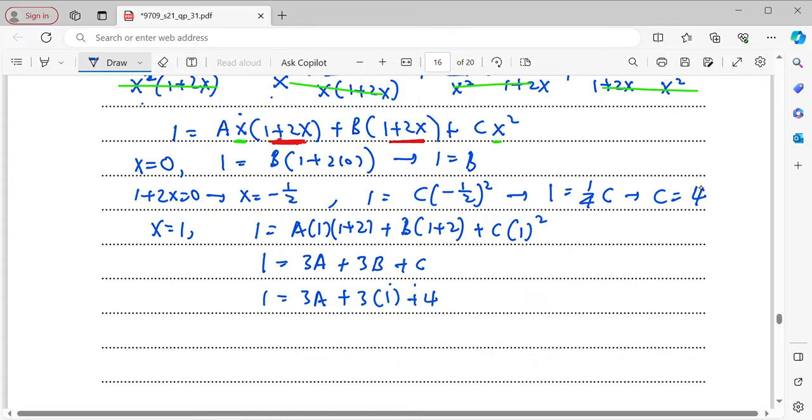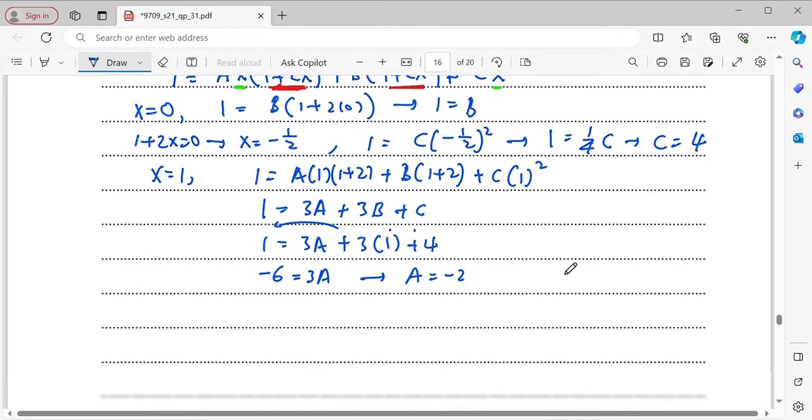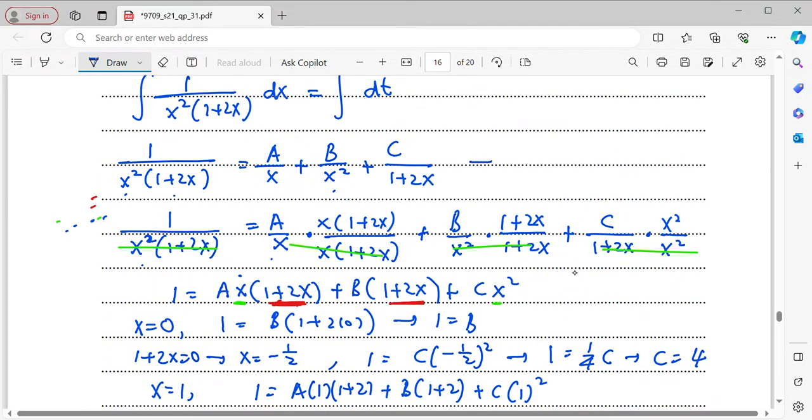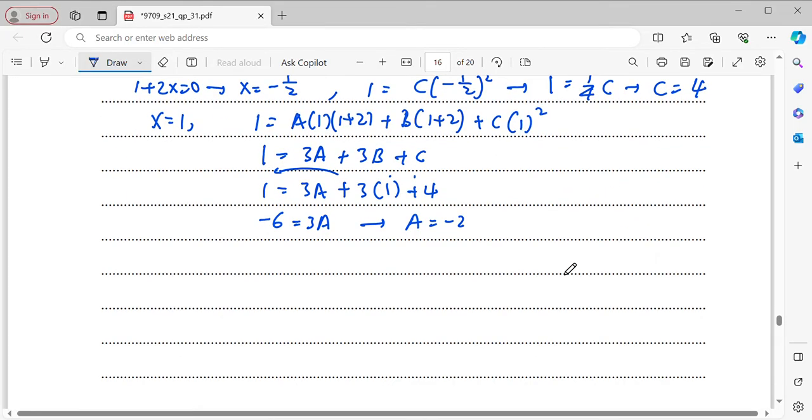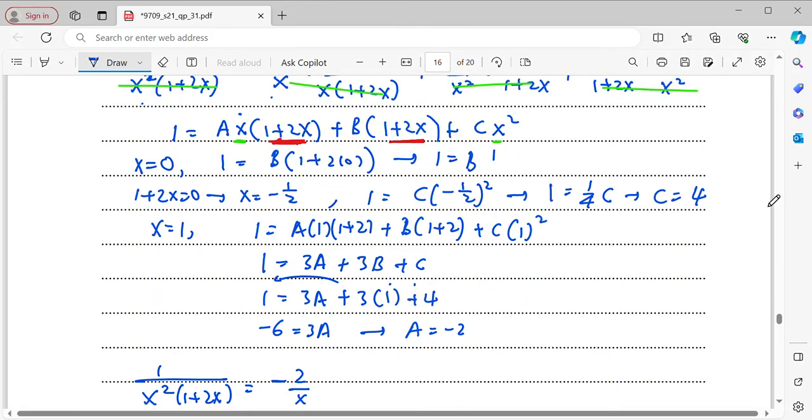For the right hand side, you will get 7. Okay, this 7 you move to the left hand side becomes minus 7. So 1 minus 7 is minus 6. Hence, my A is going to be negative 2. So found all the unknowns, A, B, C. What to do next is just to rewrite. Alright, so 1 over x squared bracket 1 plus 2x is going to be negative 2 over x, then the B is 1, the C is 4.